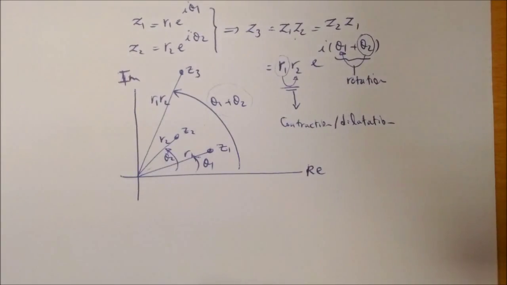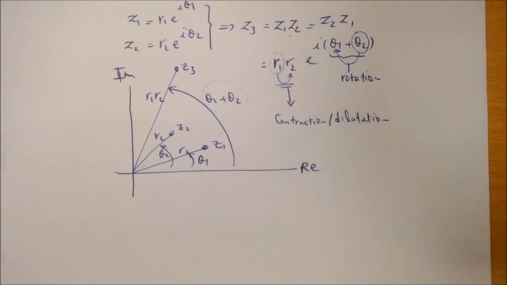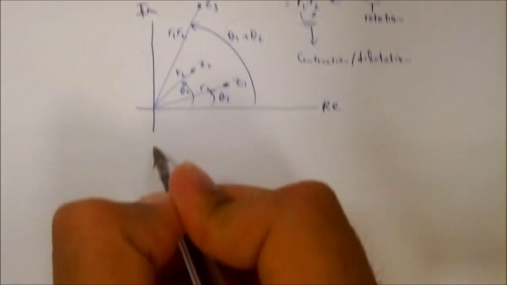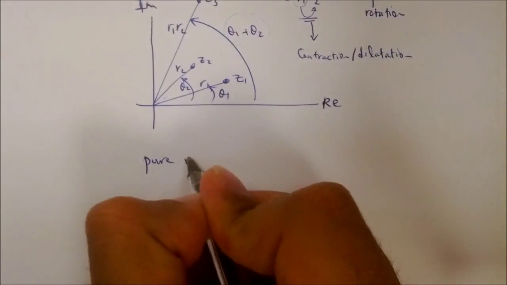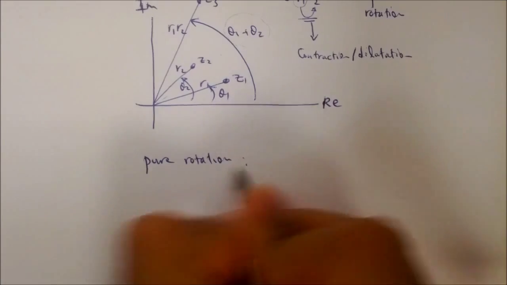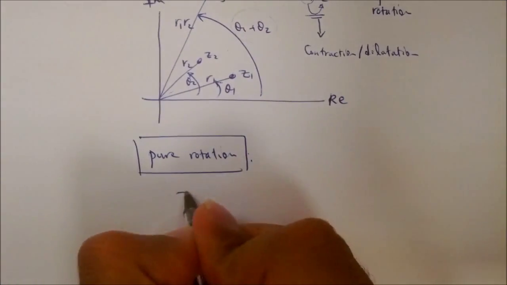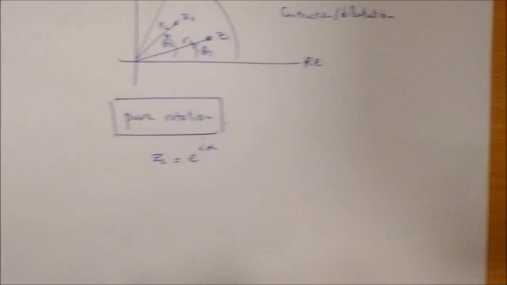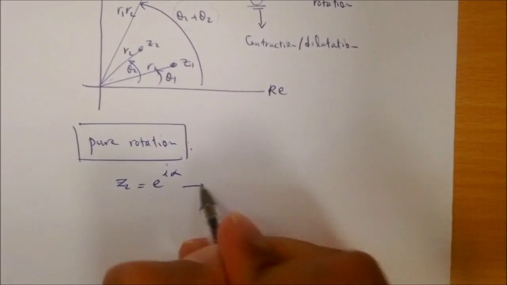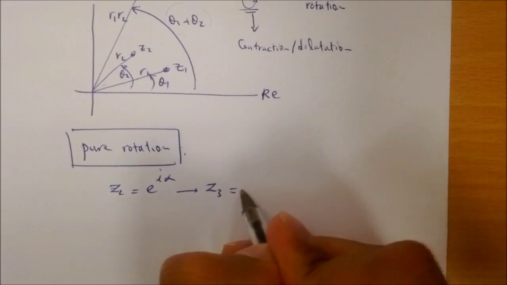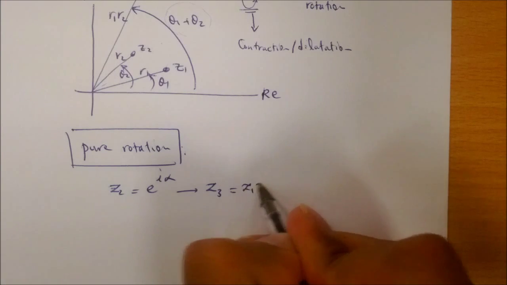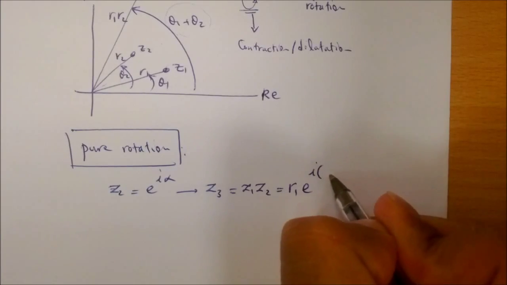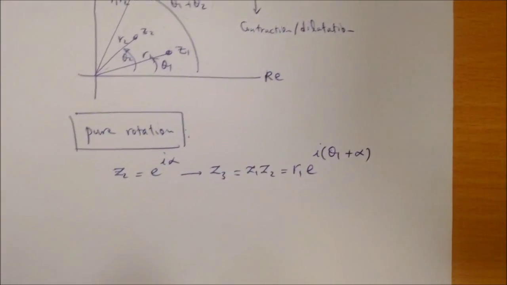So for example, if I want to have a pure rotation, I'll consider z2 as e to the power of i alpha, for example. So I'll have z3 equal to z1 z2. This will be r1 e to the power of i (theta 1 plus alpha).